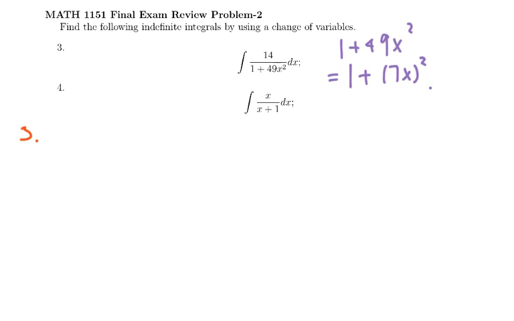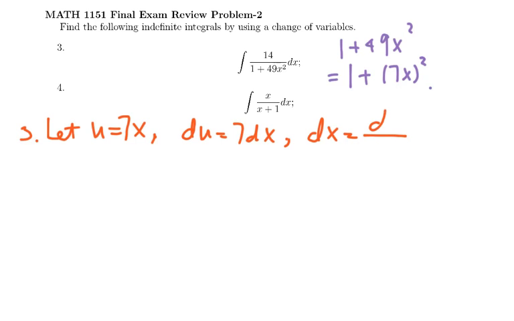So in this problem, we're going to let u equal 7x, and then du is equal to 7 dx, and dx is equal to du divided by 7.